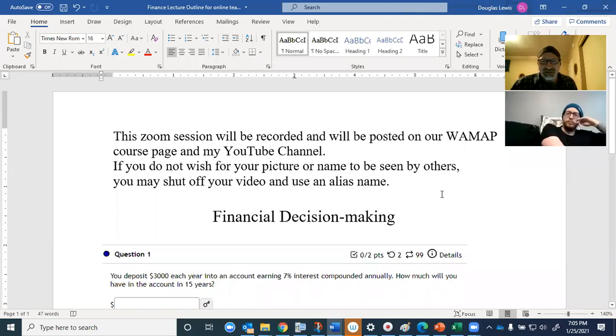Okay, so we're going to be talking about just financial decision making. I'm not going to go over everything in the unit. There's some simple interest problems at the beginning of the unit. There's some just plain compound interest problems. The compound interest problems that we're going to be talking about are not just your everyday compound interest where you put one deposit in.